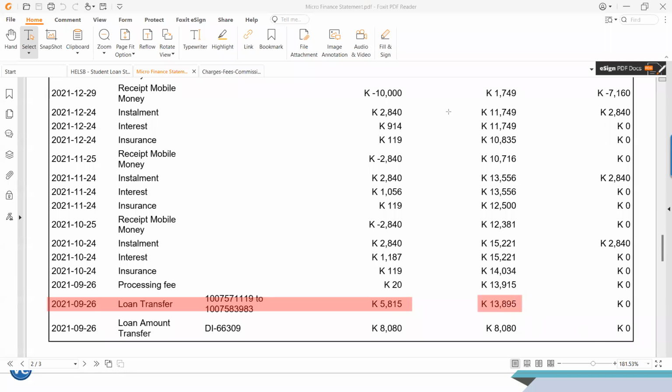So what the loan company does, instead of giving them the full 13,000 as they requested it, they just pay the difference. And obviously that's a good move. So they just top up like this and say, we are going to top up 8,080 kwacha so that you have your total. So meaning these two amounts, when you add them together, will give you that.